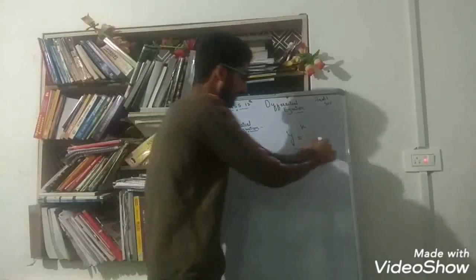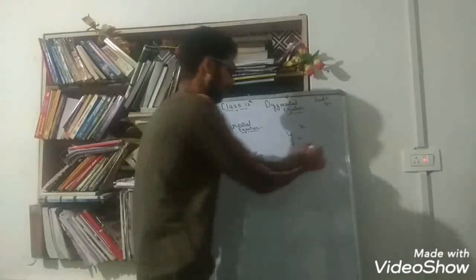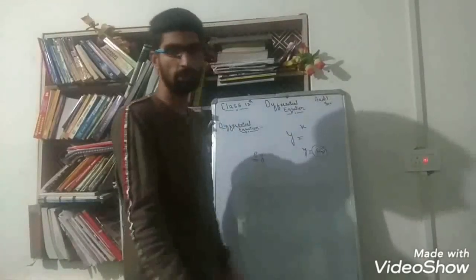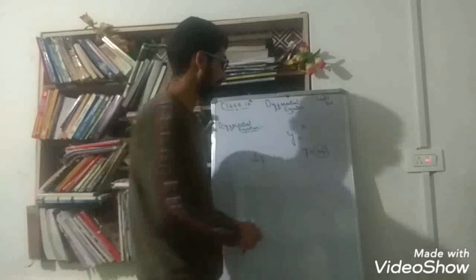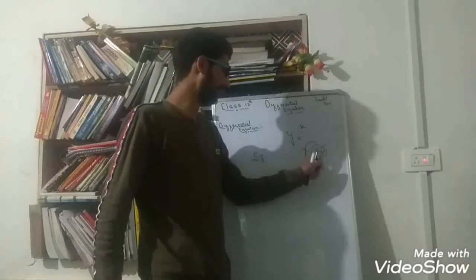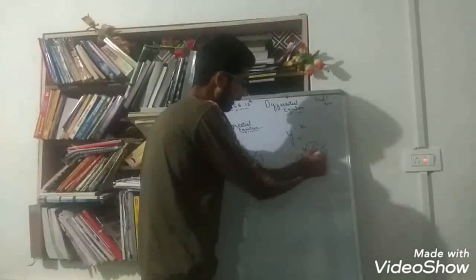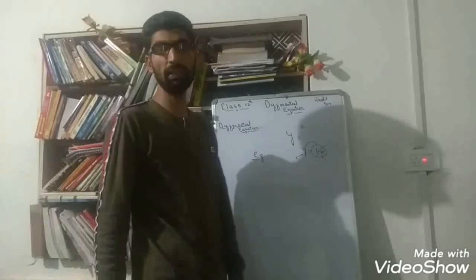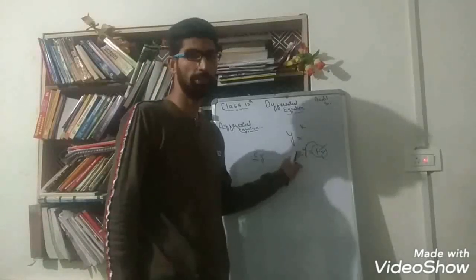At that time we say that x, whose values we give by ourselves, is independent, and the values of y depend on the value of x. So x is called the independent variable, and y is called the dependent variable.